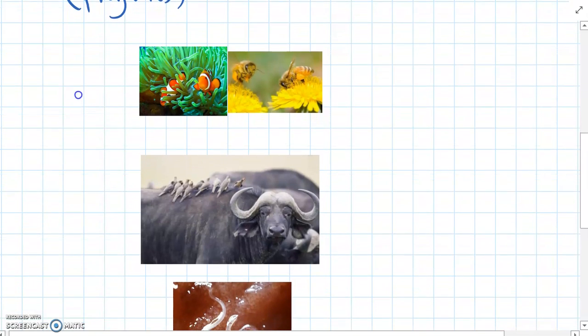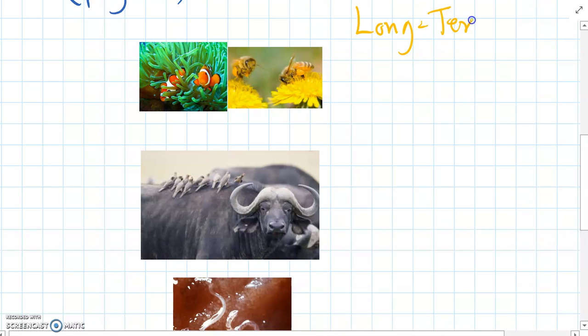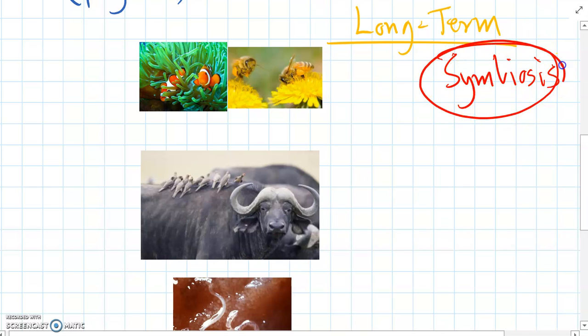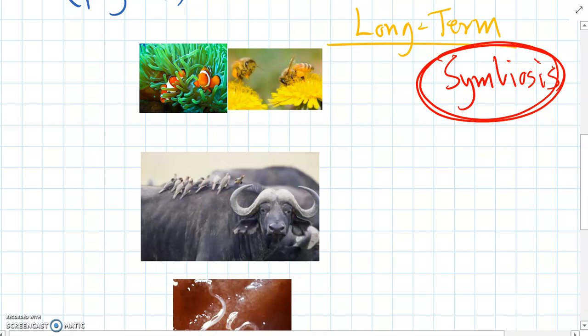The next types of interactions, these are all long-term and really close interactions. And the name we give all these long-term interactions is symbiosis. So if you ever hear symbiosis, just think long-term relationship between living things.